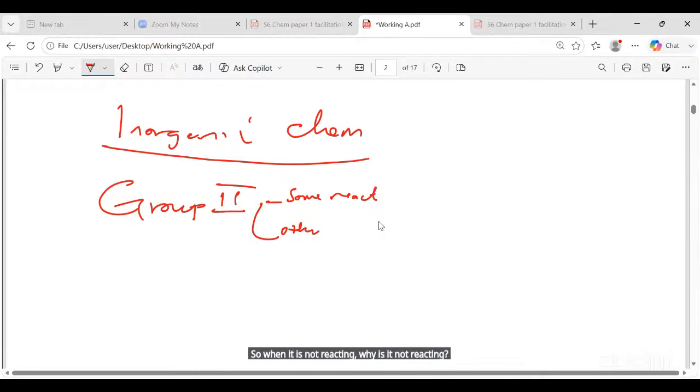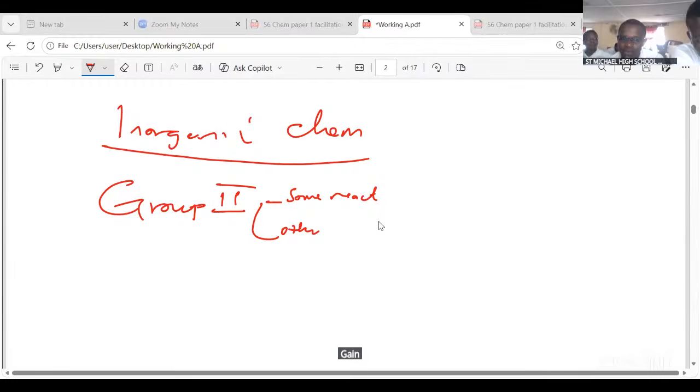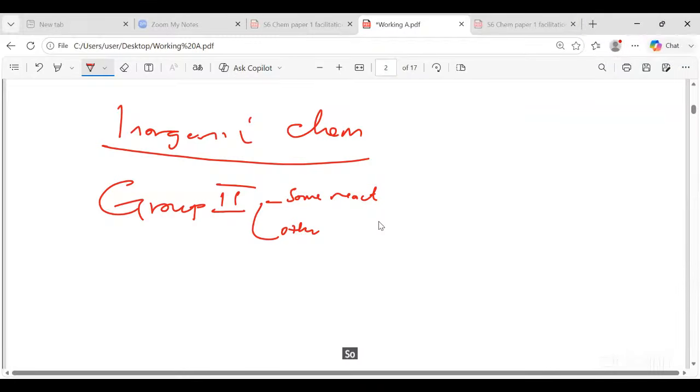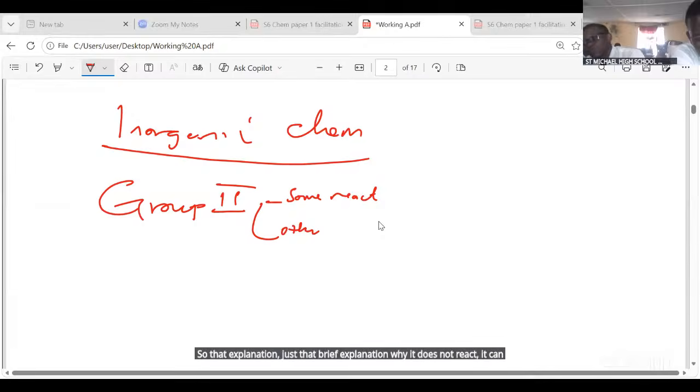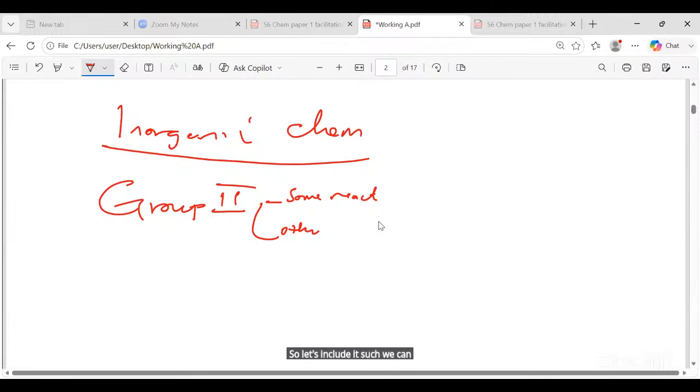Why is neon not reacting? Because it is having a stable state, therefore it cannot lose or gain any electron. Are you seeing that? Yes. So that brief explanation of why it does not react can be very nice. So let's include it.